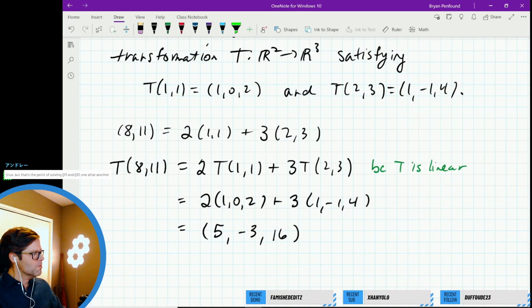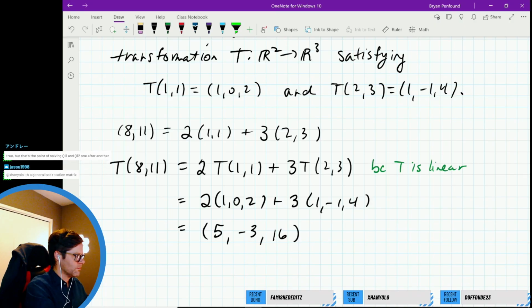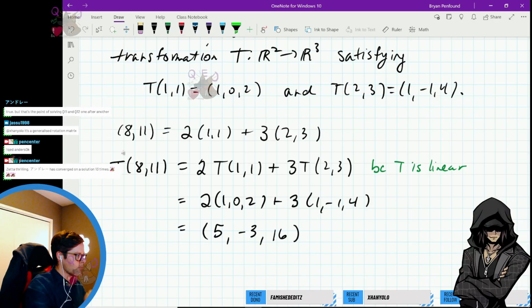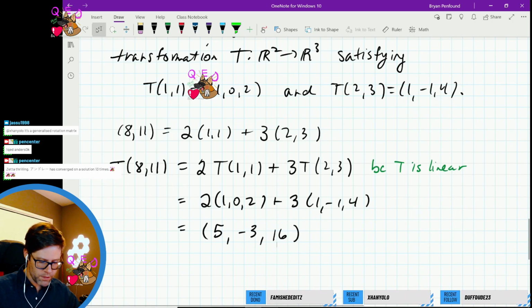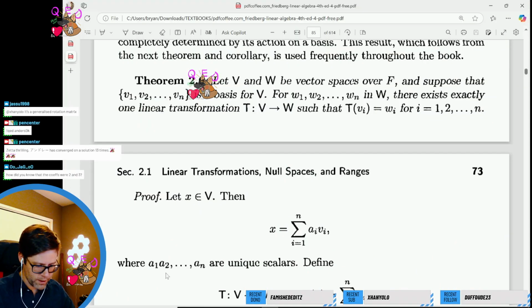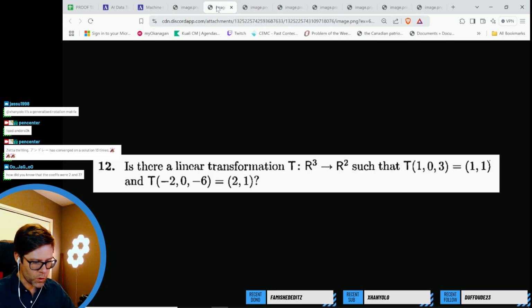Nice. Easy as pie. Yeah, thanks for the little nudge there, Anders. It was nice to revisit the textbook there to get a more definitive answer, I think, on why the existence works.